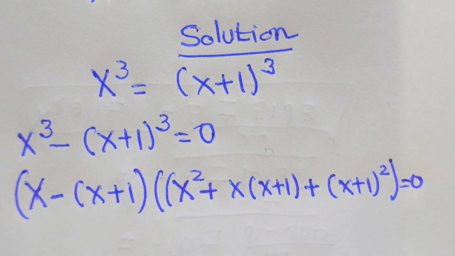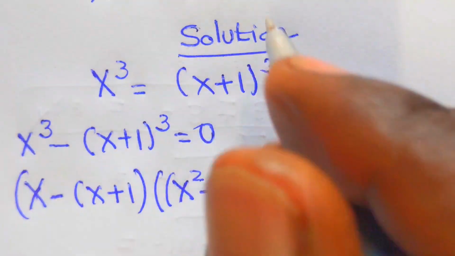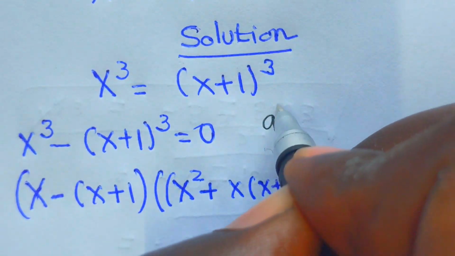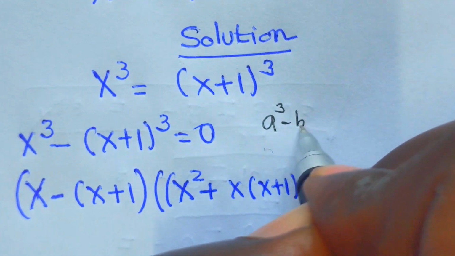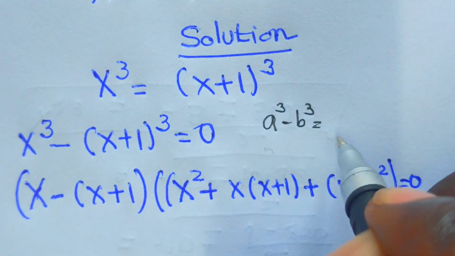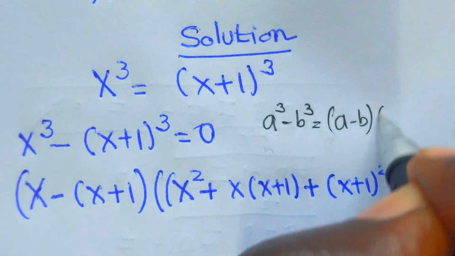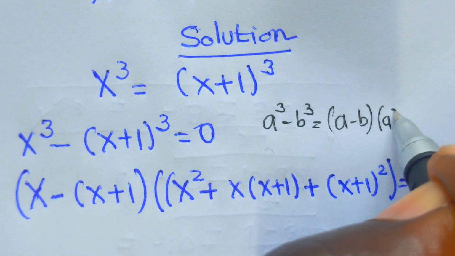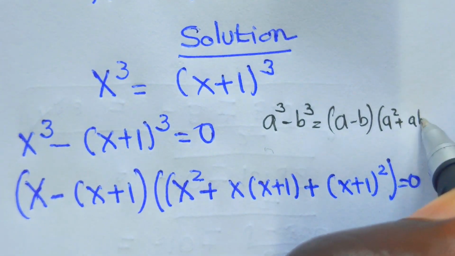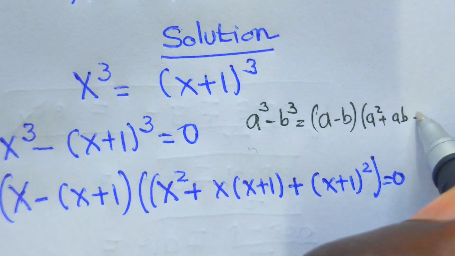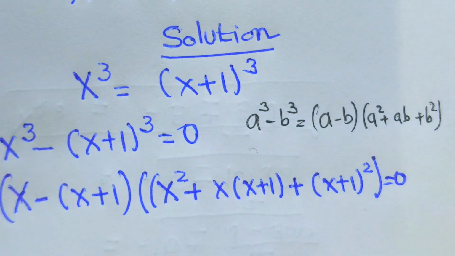And if you have seen this before, this is when we have a cubed minus b cubed, which equals (a - b) times (a^2 + ab + b^2).